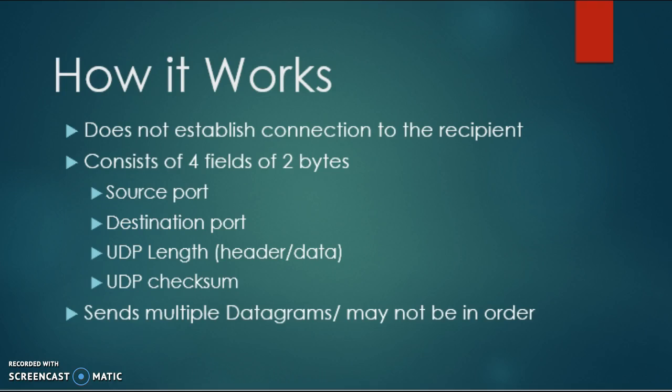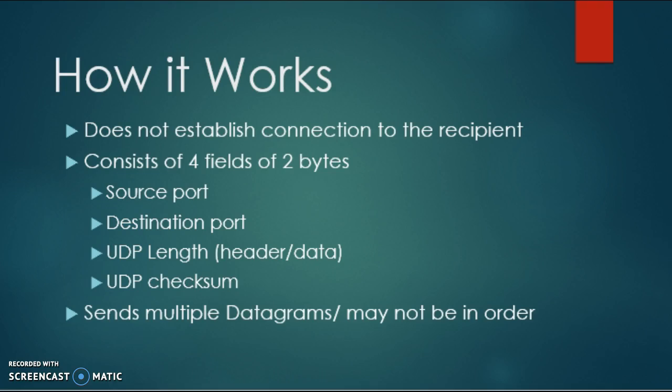The destination port is the second 2 bytes. It obviously shows where these packets are intended to go. The third 2 bytes is the UDP length. The UDP length includes the 8 bytes for the header and all the bytes for the data that's encapsulated within it.